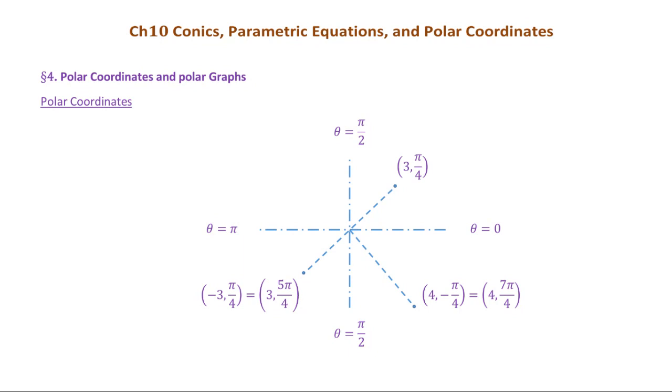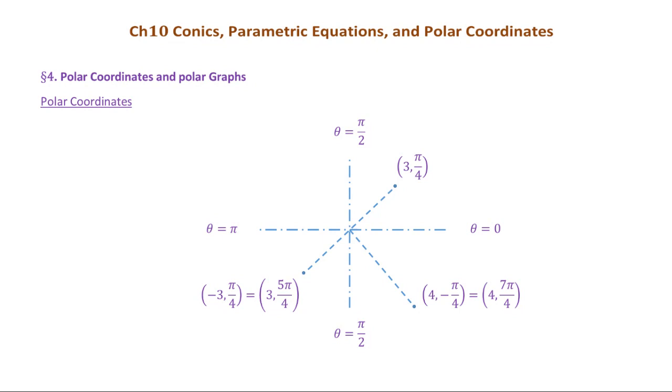Okay. So if I reflect this point across the origin, or the pole, then we get another point in the third quadrant of the rectangular coordinate system. You can think of this in two different ways. You can think of it as a reflection of the point in the first quadrant to the third quadrant.